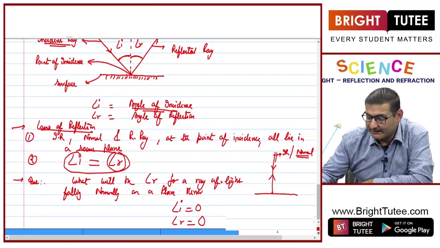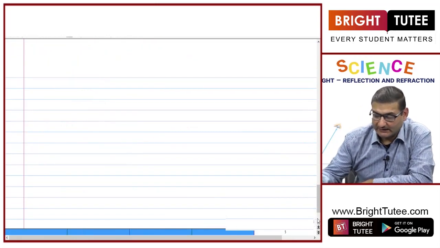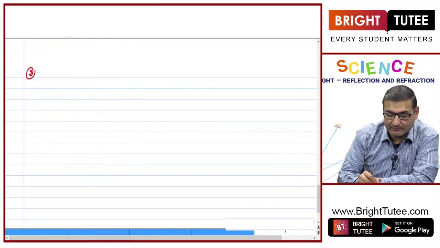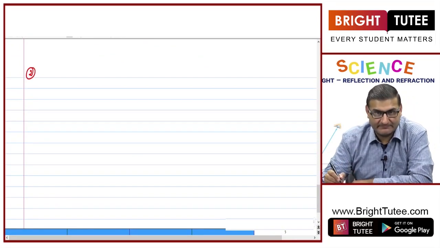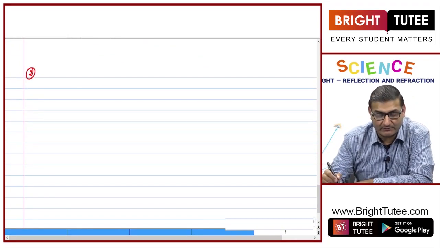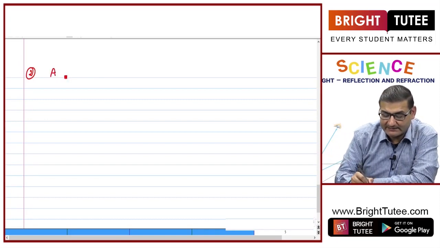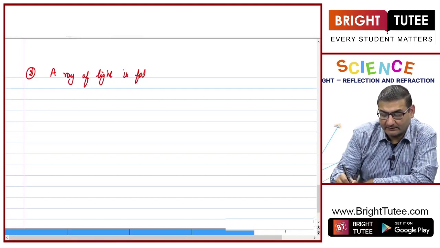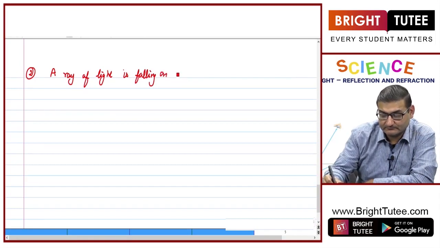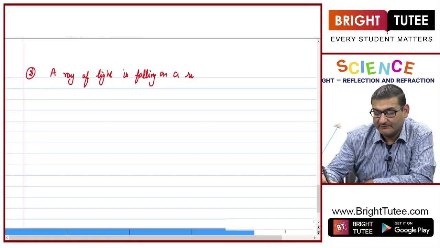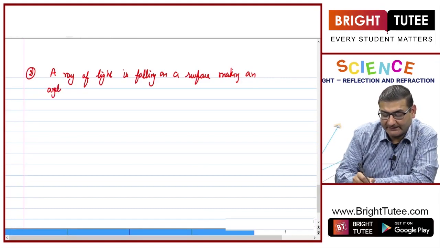Yet another question that we will see based on this law is important. You need to understand the language in which the examiner is going to confuse you. It will be said: a ray of light is falling on a surface, making an angle of 40 degrees.